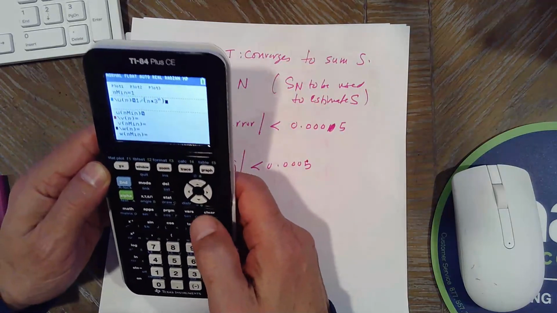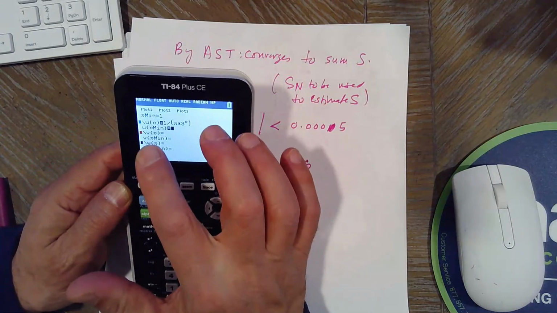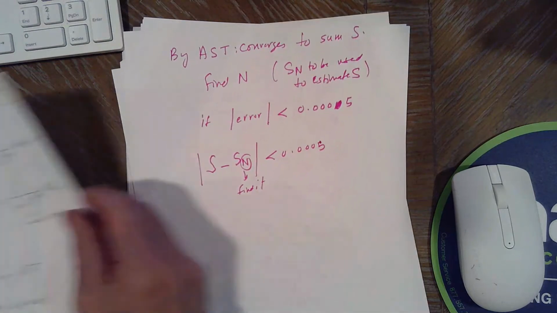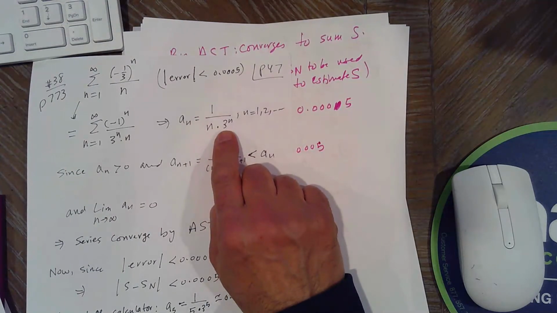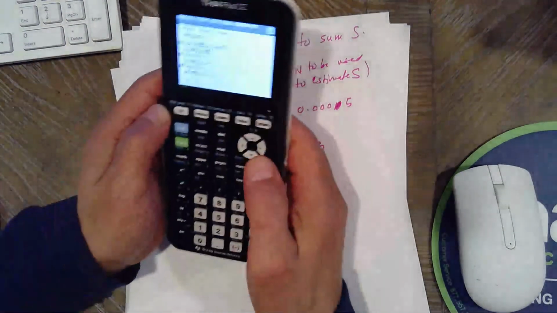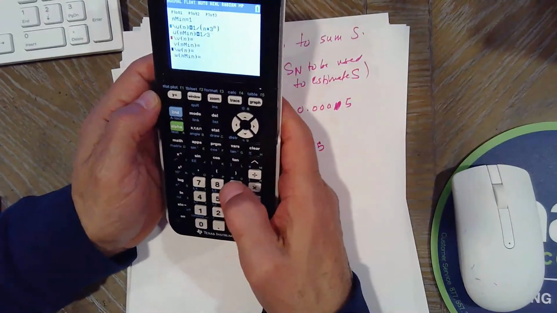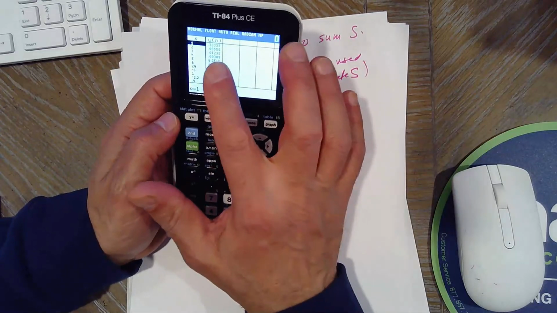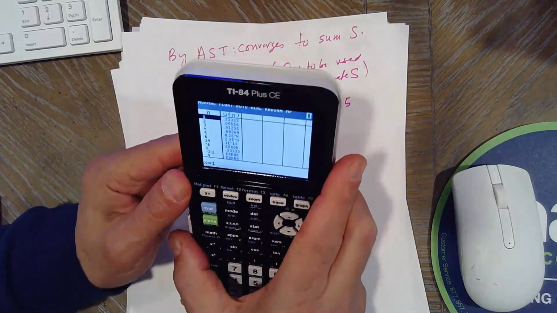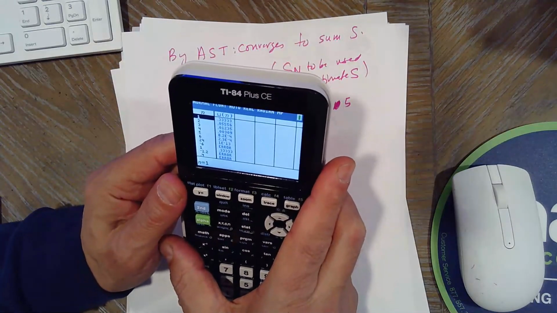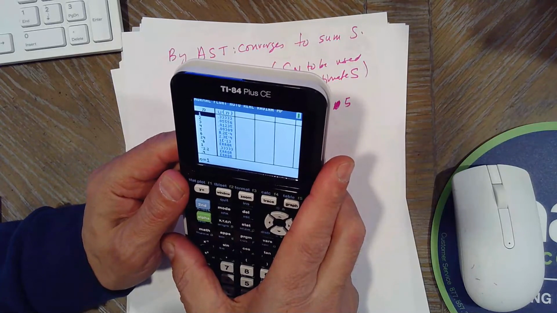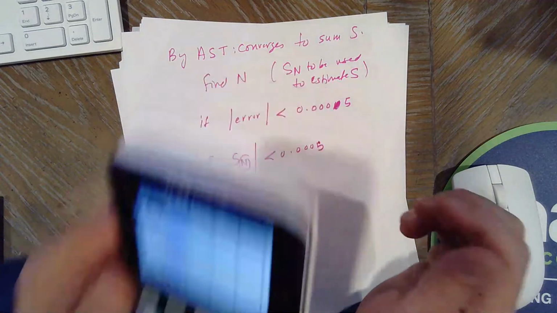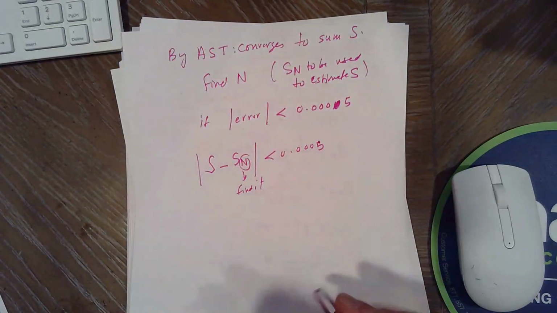And then the first term u of n minimum. So what's u of 1? If you put 1 over 1 times 3, it's 1/3. So we gotta put that in here. So 1/3. And then go to table, second graph, and you're gonna get the first term is 1/3 as we know, the second term is 0.055, third term is 0.01. So I'm interested in when it reaches a number that's less than the error.